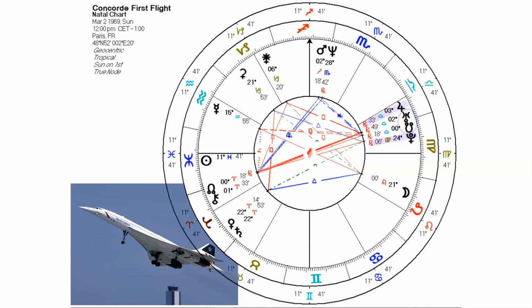Pluto, Jupiter. Uranus, Jupiter. What are these pairs about? Let's begin with Uranus-Jupiter cycles. What do you think?